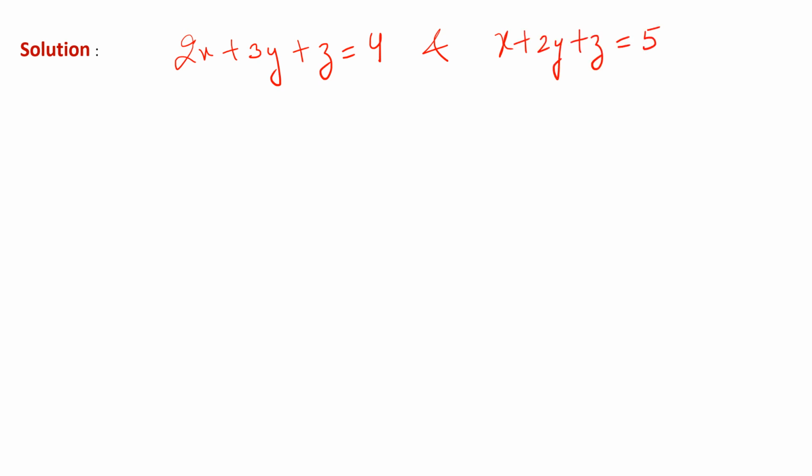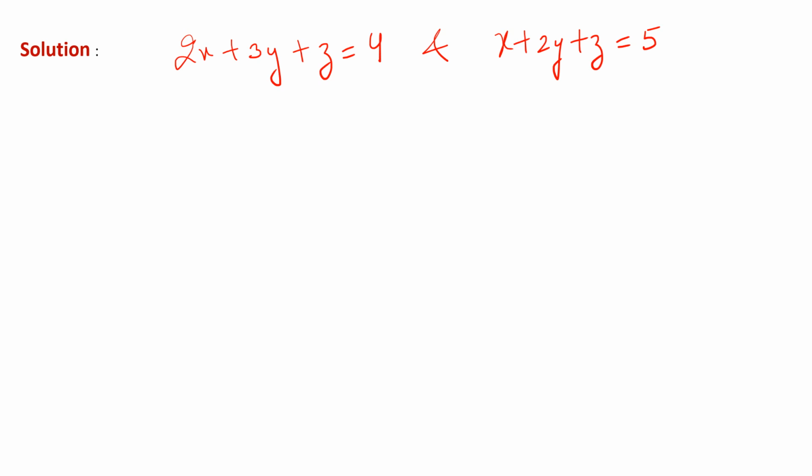Now students, since L1 is the line of intersection of these planes, it must be contained in both of these planes. So I can say that line L1 will be perpendicular to the normals of both of these planes.